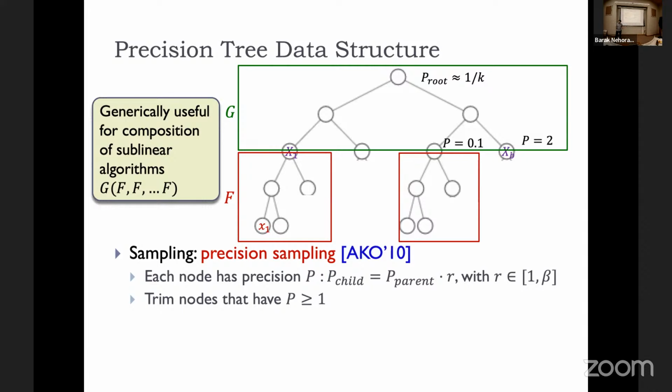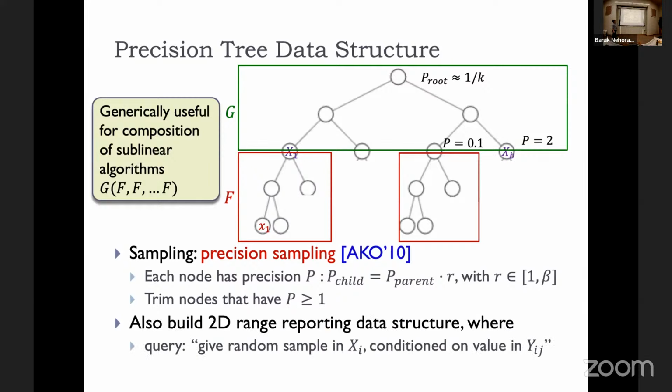I know this is a very high-level discussion, with no pictures. Once we sample in this particular way, on top of it we build two range reporting data structures so that we quickly generate the right samples in any given block for any range of them.